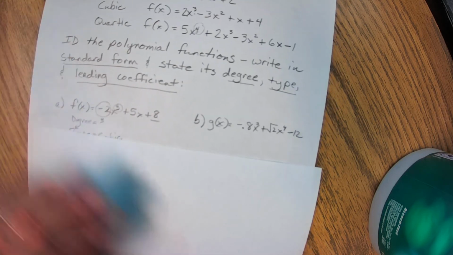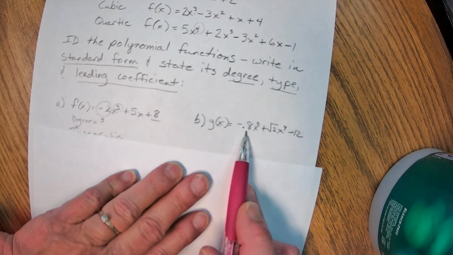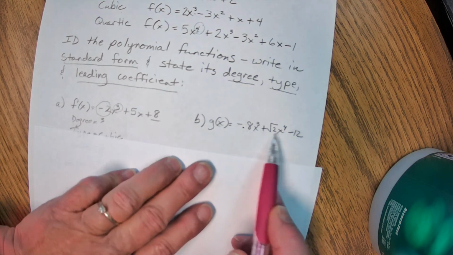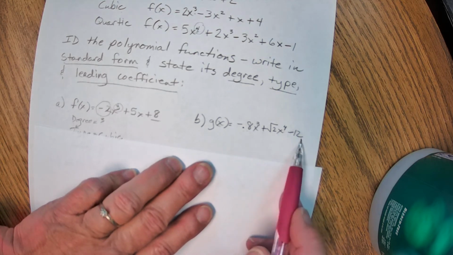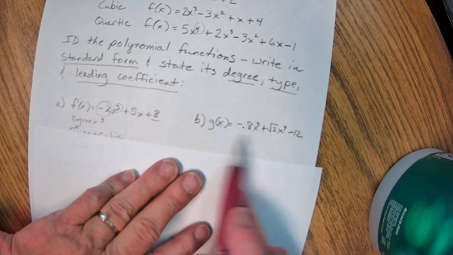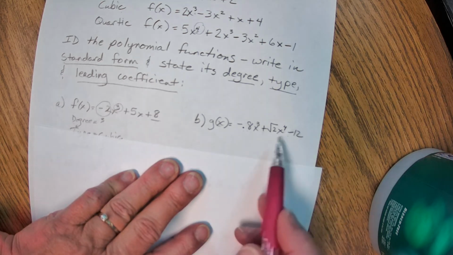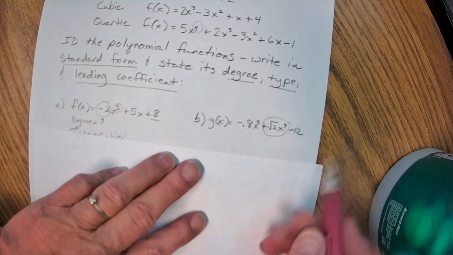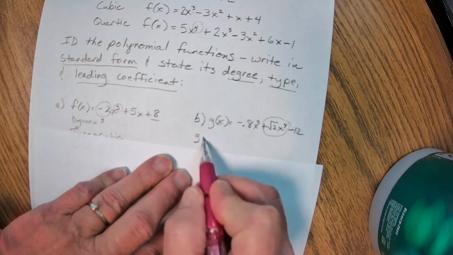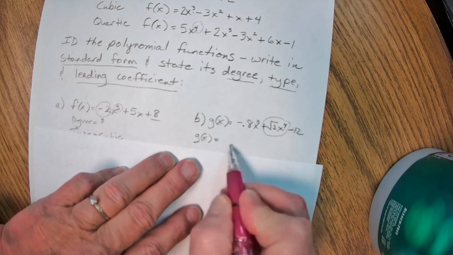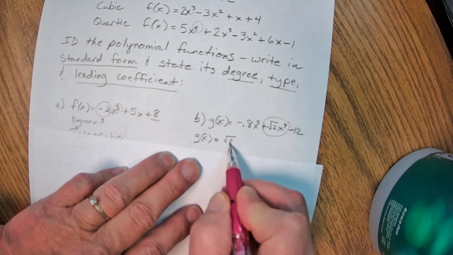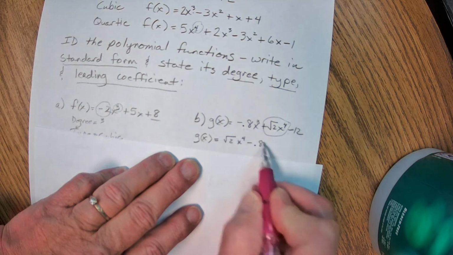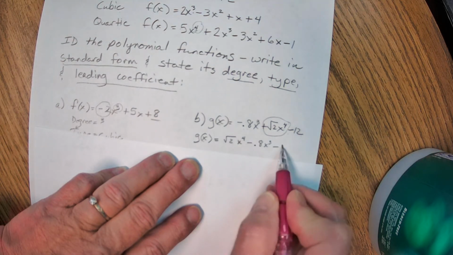Okay, the second example I have here is negative 0.8 x cubed plus the square root of 2 x to the 4th minus 12. This is not in standard form, so I need to rewrite it. And this is the term that's going to have to come first because it has the highest exponent. So this would be written as the square root of 2 x to the 4th minus 0.8 x to the 3rd minus 12.